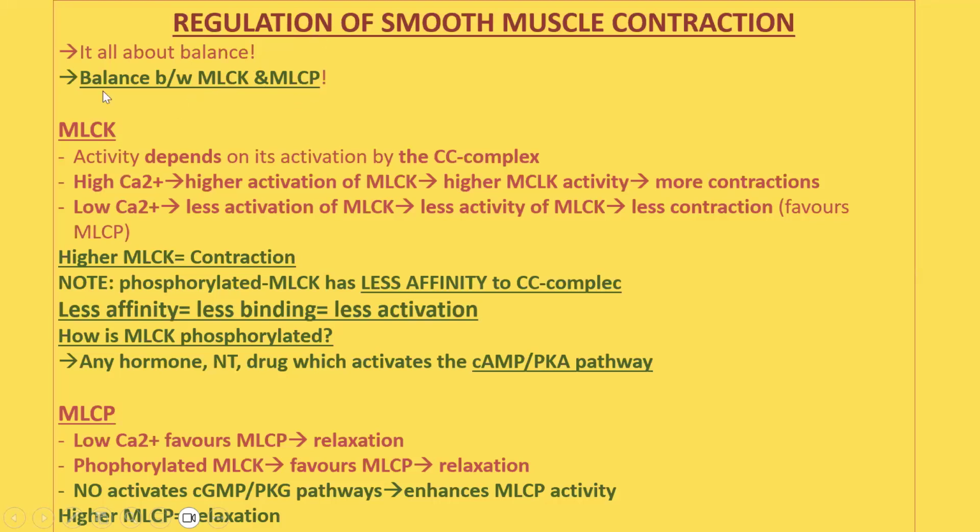If you enhance the activity of the kinase enzyme, it depends on the calcium calmodulin complex. So in other words, it depends on the concentration of the calcium. If you have high calcium, you will have higher activation because you have higher complexes being formed. In higher activation, you will have higher kinase activity. In higher kinase activity, you have more contractions.